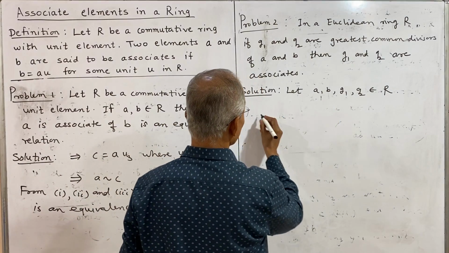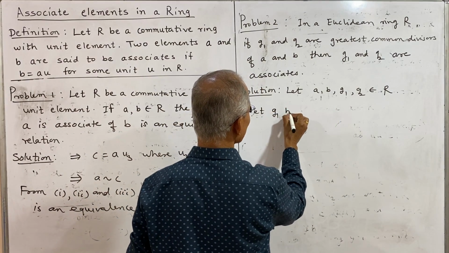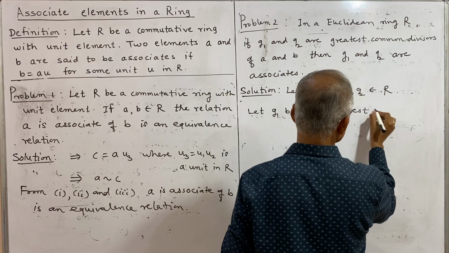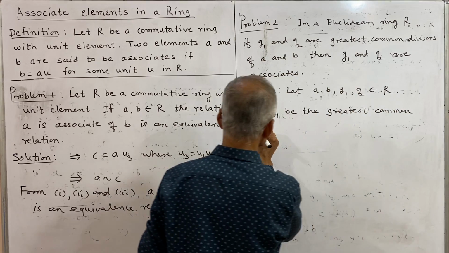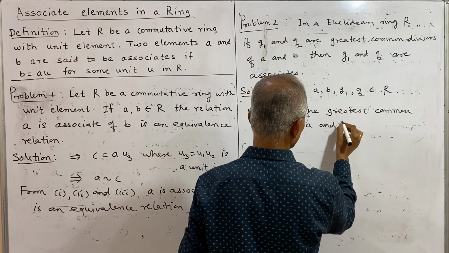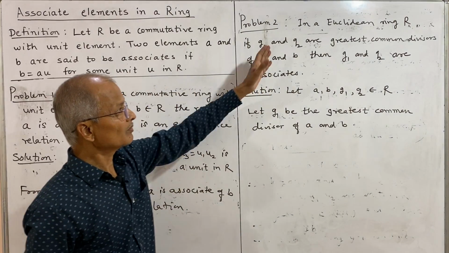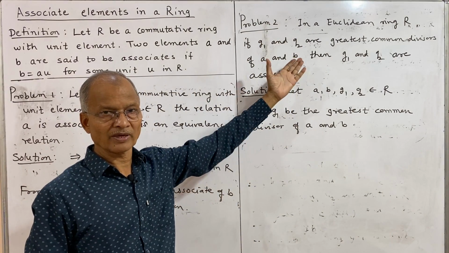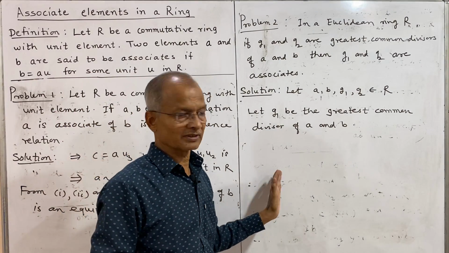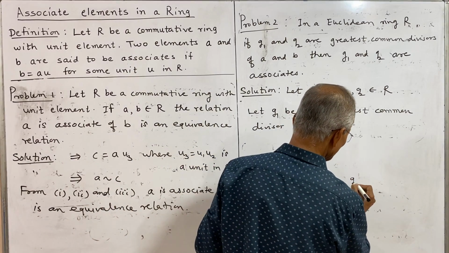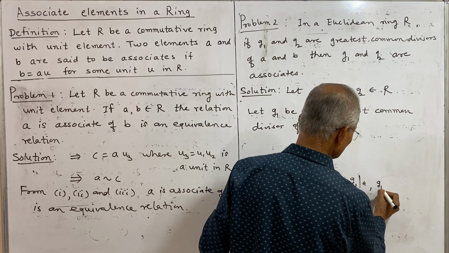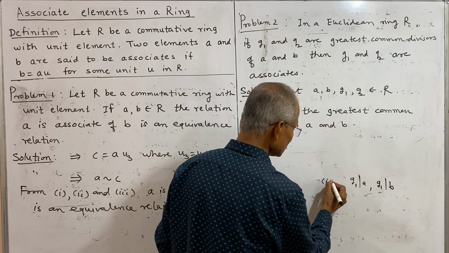So here let G1 be a greatest common divisor of A and B. That is given, both are greatest common divisors of A and B. By definition of greatest common divisor, it is first a common divisor, so G1 divides A and G1 divides B. And what is the second condition of GCD?